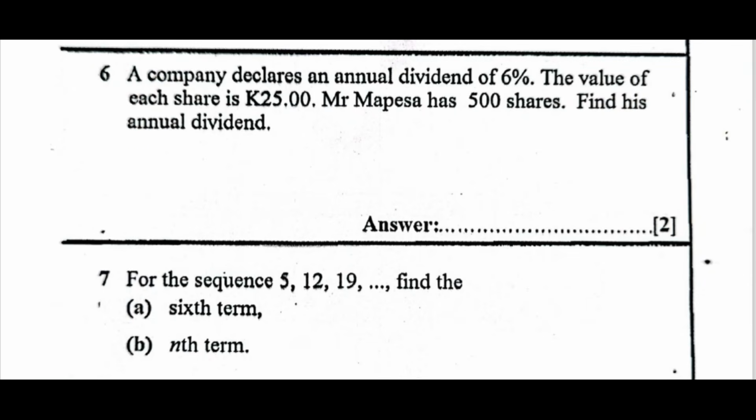Question 6: a company declares an annual dividend of 6%. The value of each share is 25. Mr. Mapesa has 500 shares. Find his annual dividend.